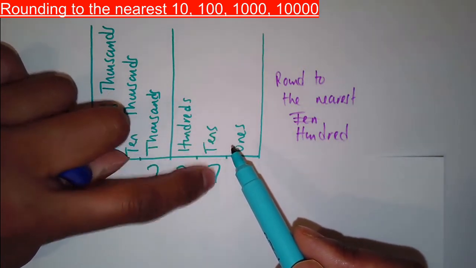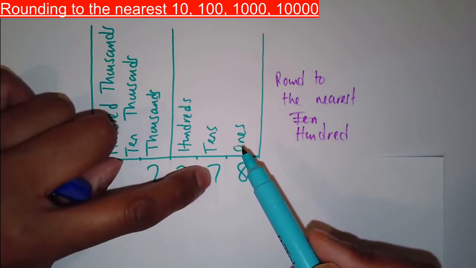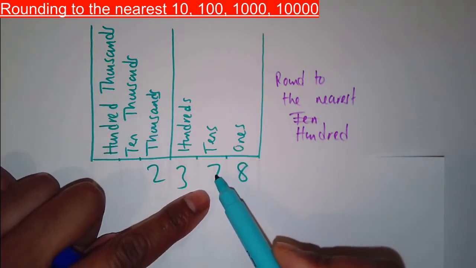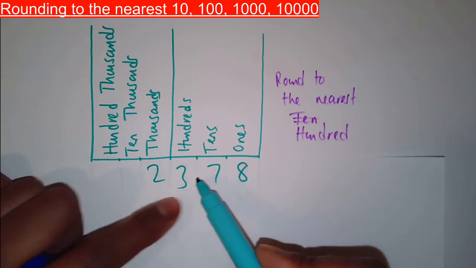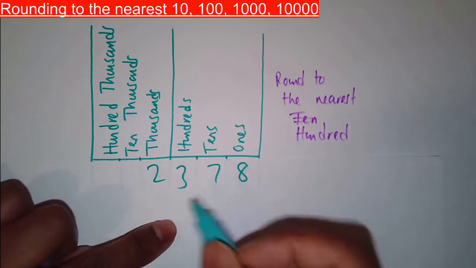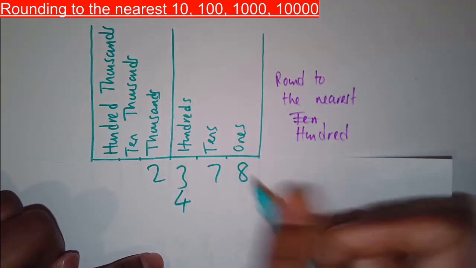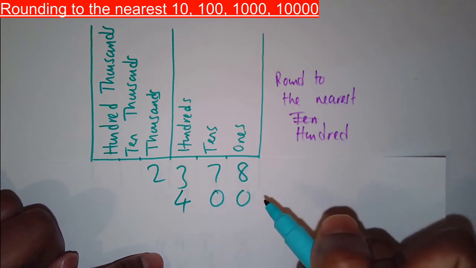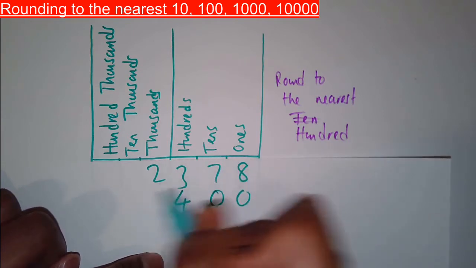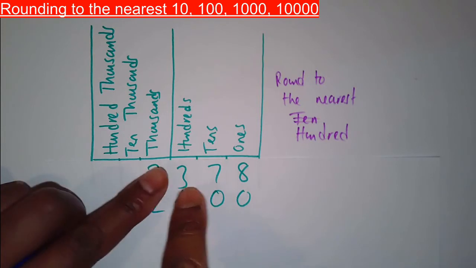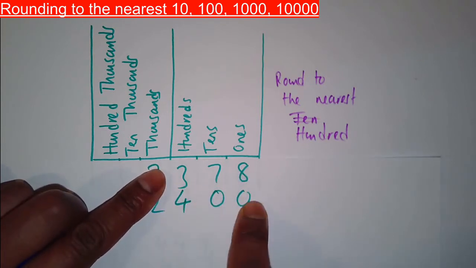So we look at the tens column and ask that question, is that 5 or more? Is that 7, 5 or more? Of course it is. So that 3 rounds up, it becomes a 4. Don't forget the zeros, and then don't forget to copy the numbers on the left hand side. There you go. 378 is closer to 400 than it is to 300.